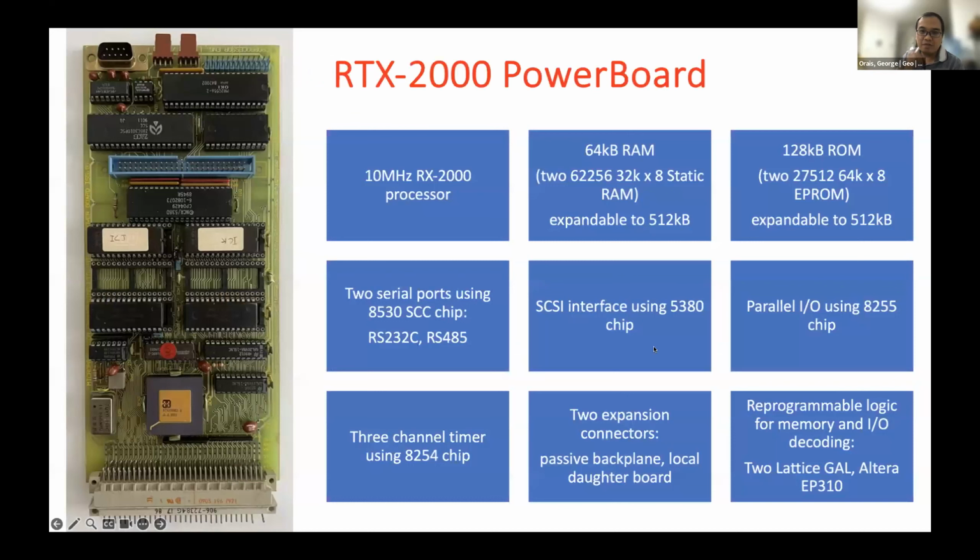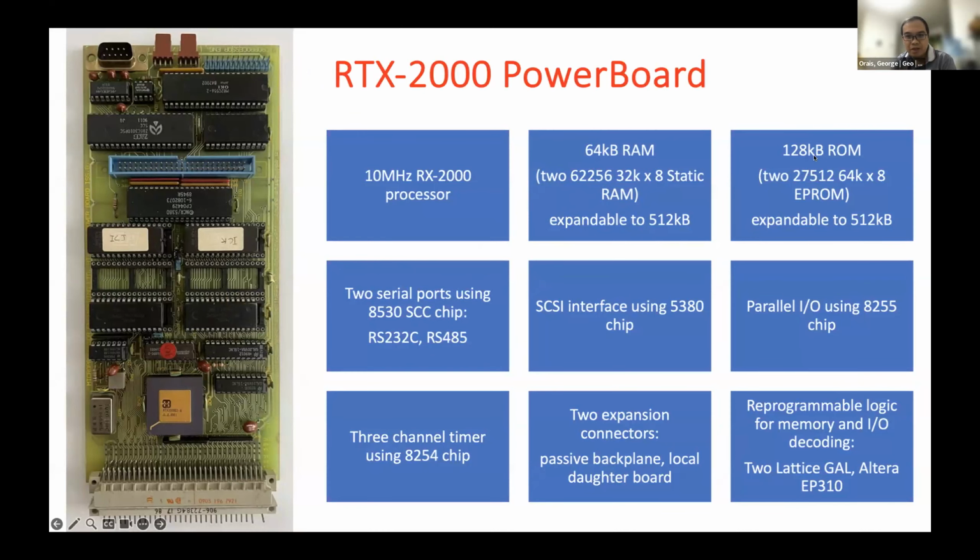For my board, it's actually from MPE. It's called the RTX2000 power board. From the left side, here's the RTX processor. Then it has 64 kilobytes of RAM, composed of two static RAMs, and it's expandable to 512, as well as the ROM.